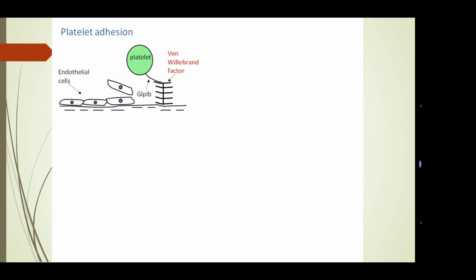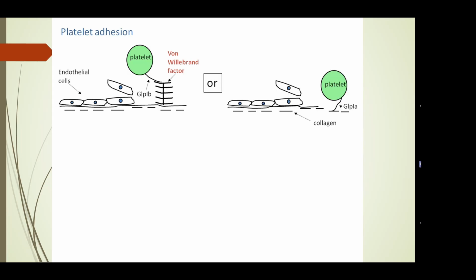Or the collagen, also exposed in the subendothelial structure as the endothelial cells are ruptured, can be bound by the platelet using its glycoprotein 1a receptor. So either of these two can happen, and all of them will lead to platelets adhering to the injured blood vessels.